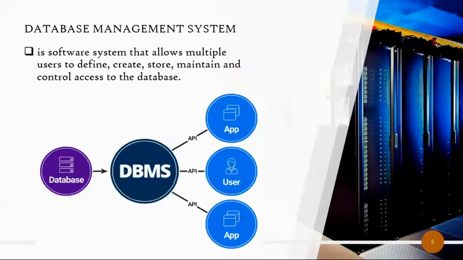Defining data is creating a skeleton, like you are coming up with a way data should be flowing through the system. You create the data, and then this data is stored within a database. And then you can maintain and control access to the database by creating levels of access.